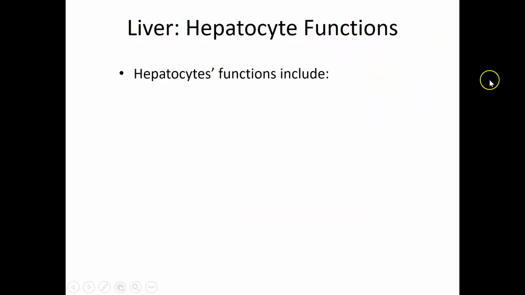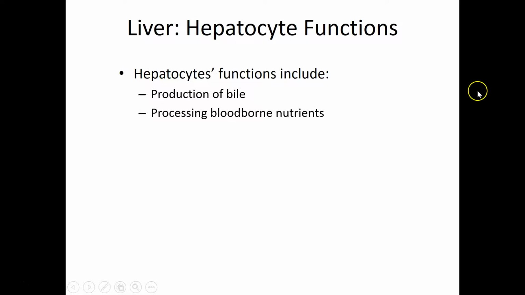What are the main functions of the hepatocytes? So let's summarize those. Hepatocytes do a lot of things. One is bile production. So bile is produced in the liver, stored in the gallbladder, and used during digestion, especially of lipids. Another is processing of bloodborne nutrients.